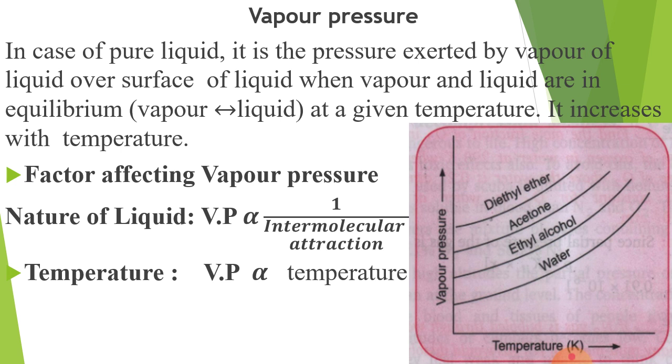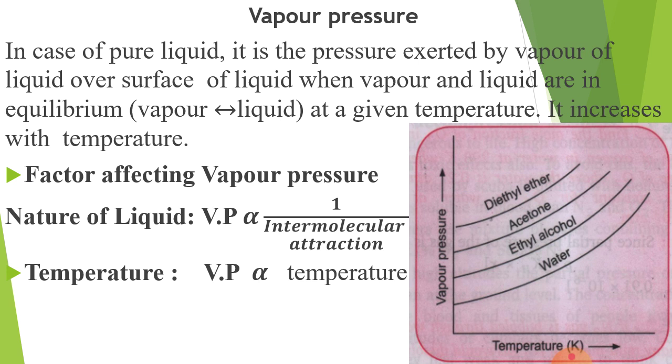So it can be defined as, in case of pure liquid, it is the pressure exerted by vapors of liquid over the surface of liquid when the vapor and liquid are in the equilibrium at a given temperature. That is, evaporation is equal to condensation. It increases with temperature just like evaporation.